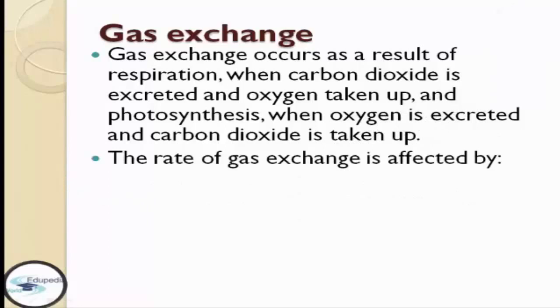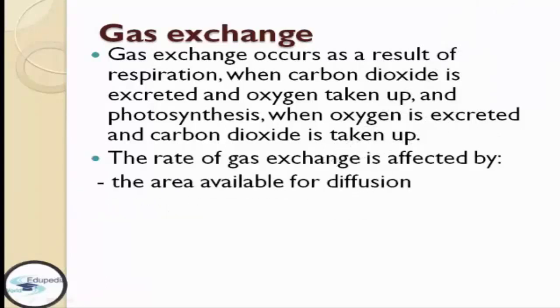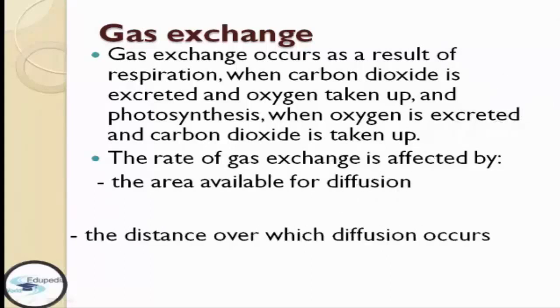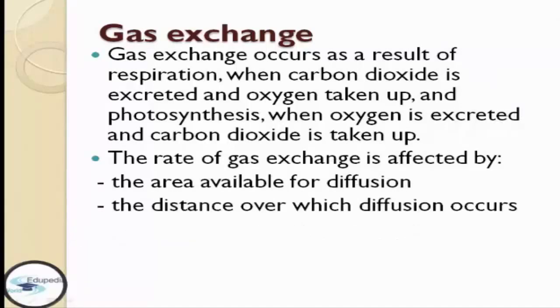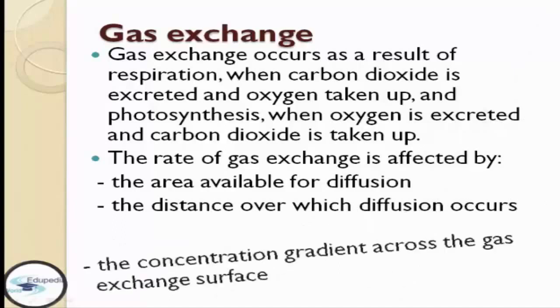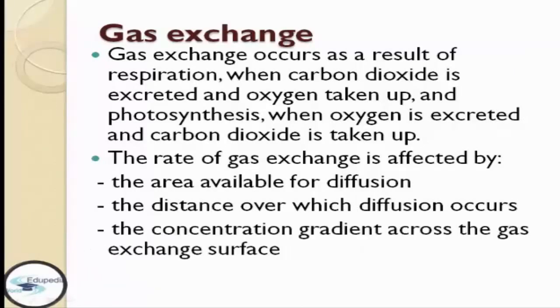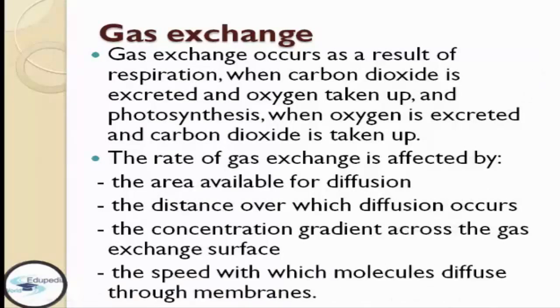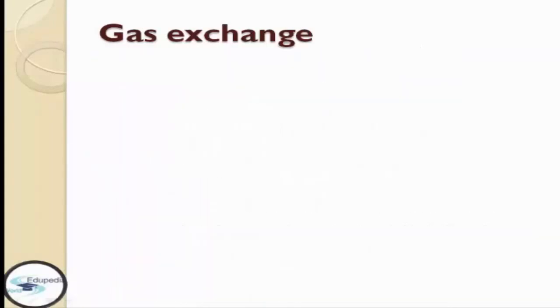The rate of gas exchange is affected by, first, the area available for diffusion; second, the distance over which diffusion occurs; third, the concentration gradient across the gas exchange surface; and last, the speed with which molecules diffuse through membranes.